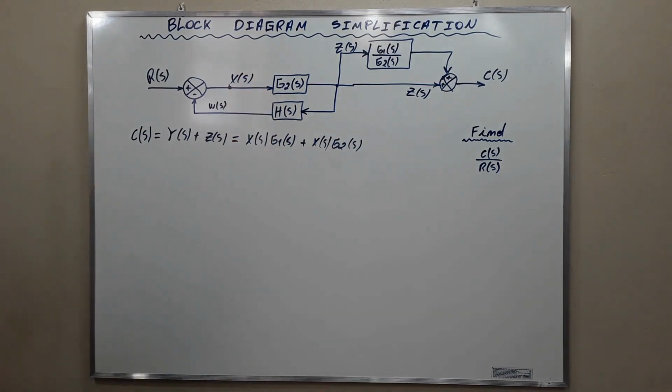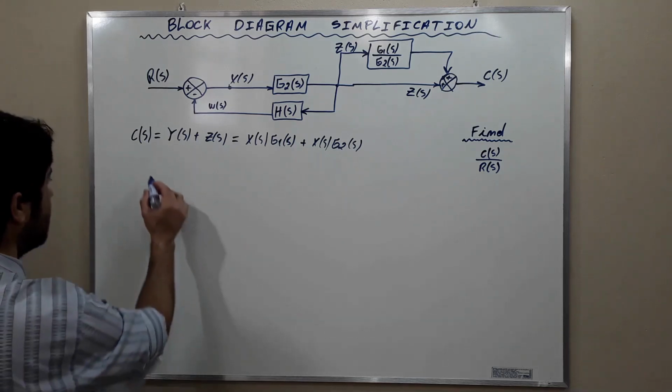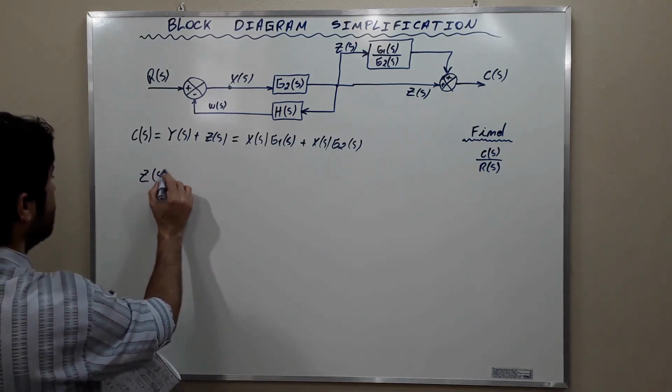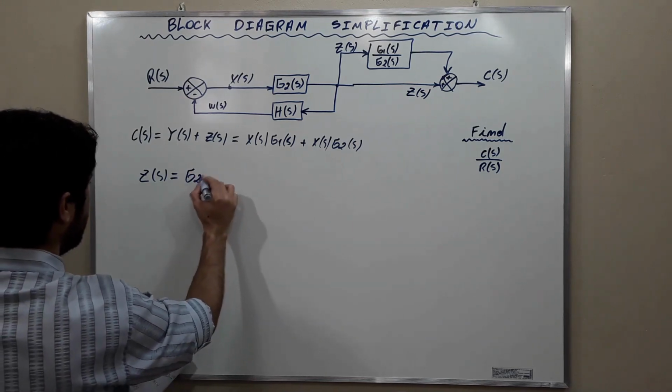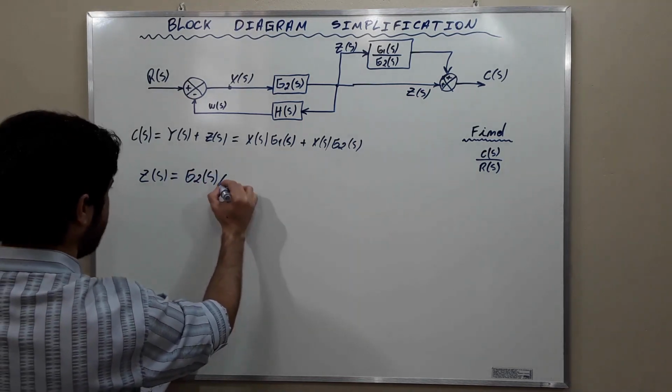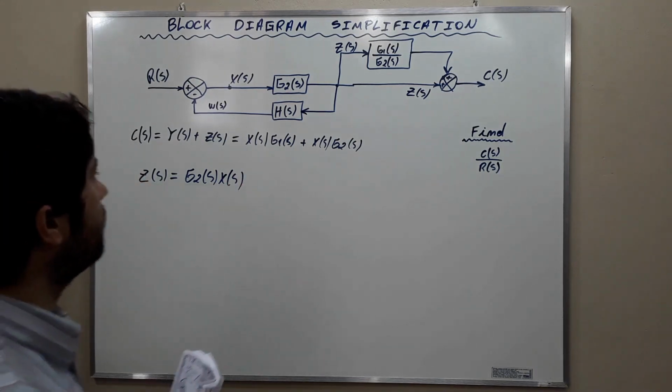Now we need to prove that this move is right. Observe again that Z of S is equal to G2 of S times X of S. Where is Z of S?